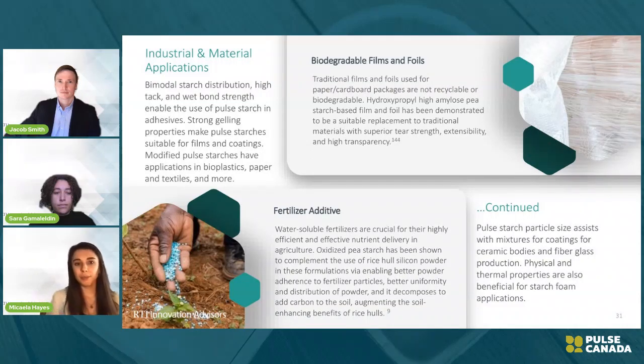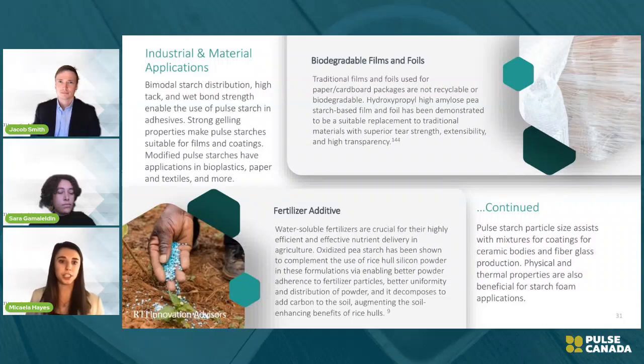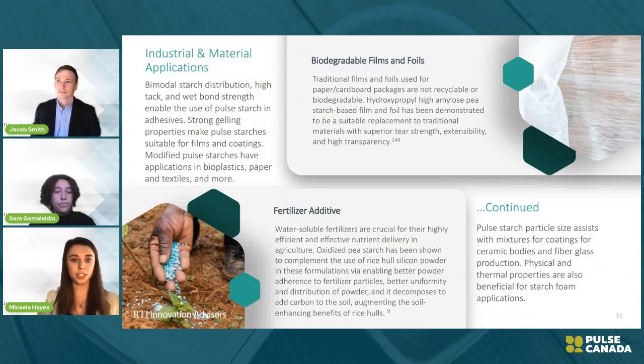To give a little bit more detail relevant to the adhesives industry, several of the functional attributes that were specifically advantageous in adhesive applications were the bimodal starch distribution in terms of its granule size, and the high tack and wet bond strength that really enabled utility for adhesive applications.